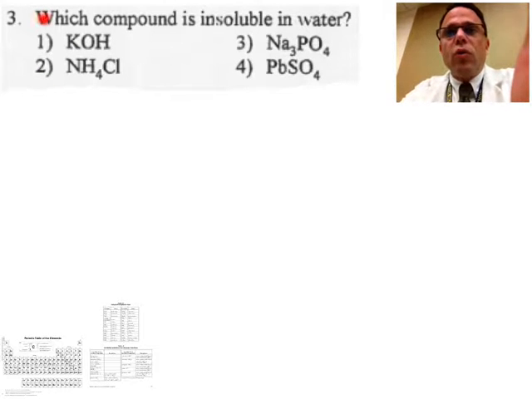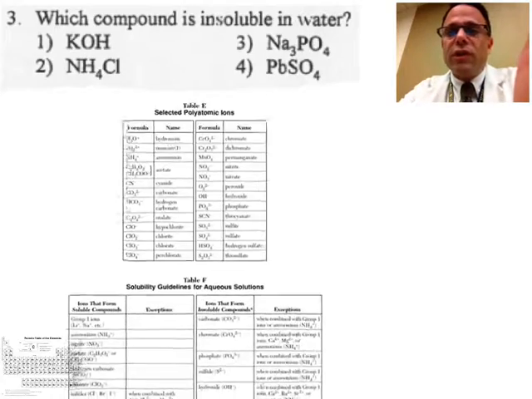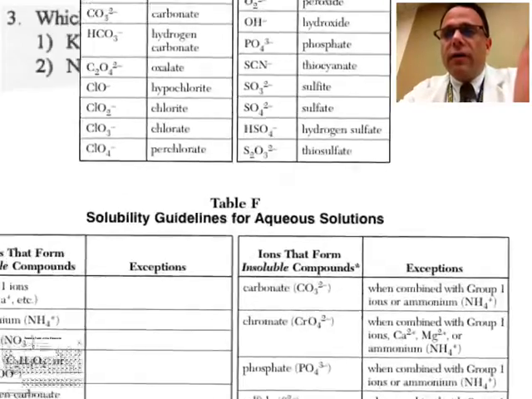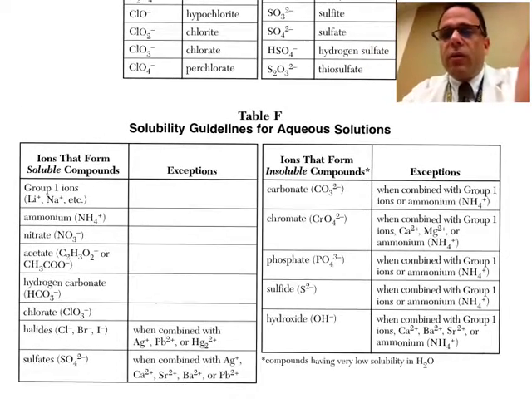Number 3, which compound is insoluble in water? So not soluble in water. For that, we do have some reference tables that can assist us. We have this table F, which is all about solubility. Solubility guides, it reads, solubility guides for aqueous solutions.